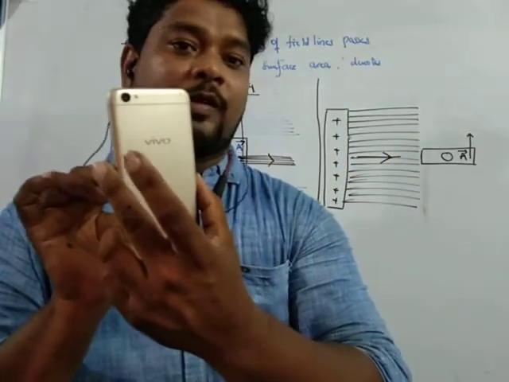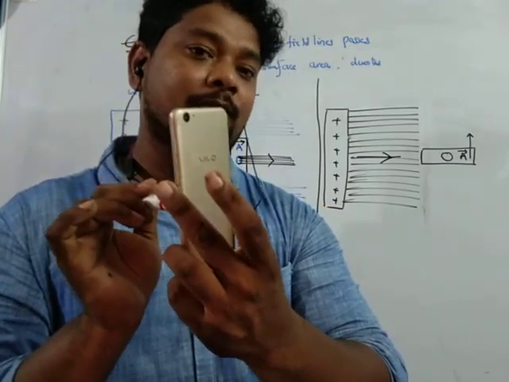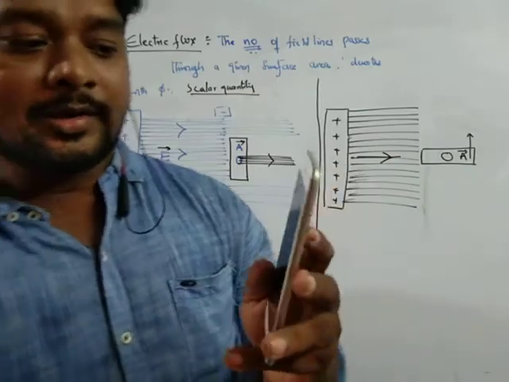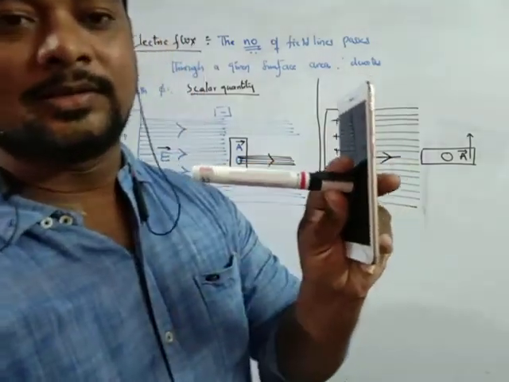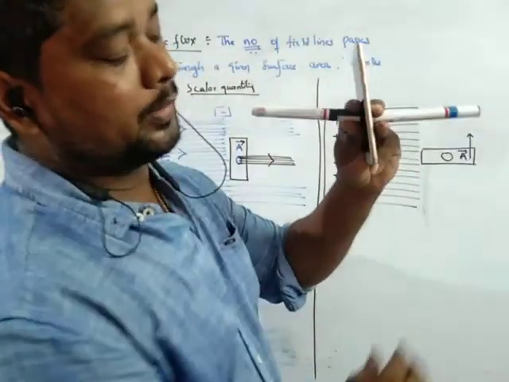The output will become zero because there is no area. The area is zero. Now if you place the area at this point, whatever field lines pass, we get the output at this point.